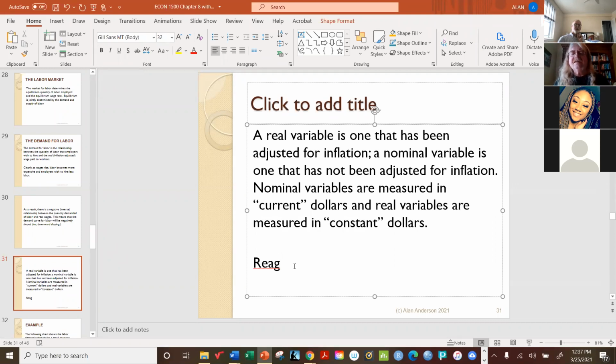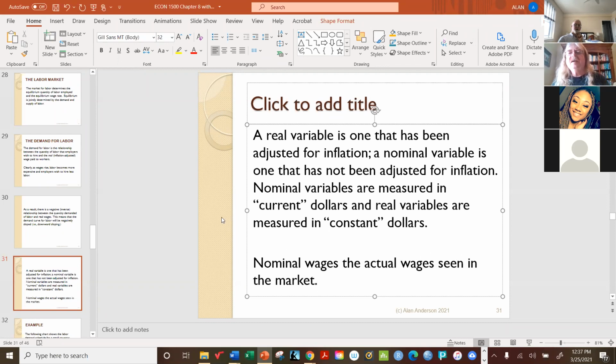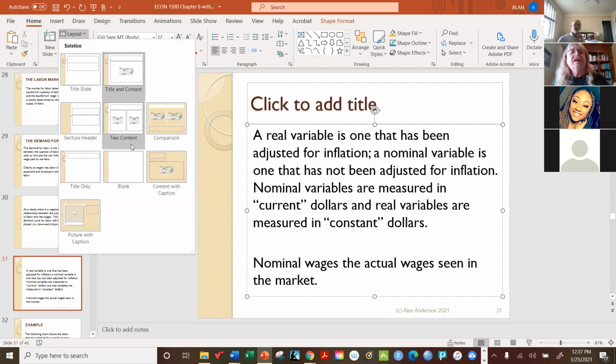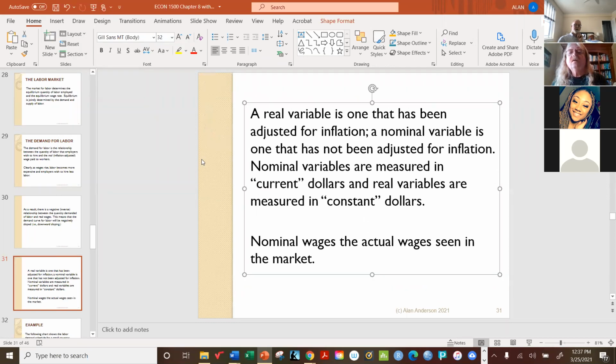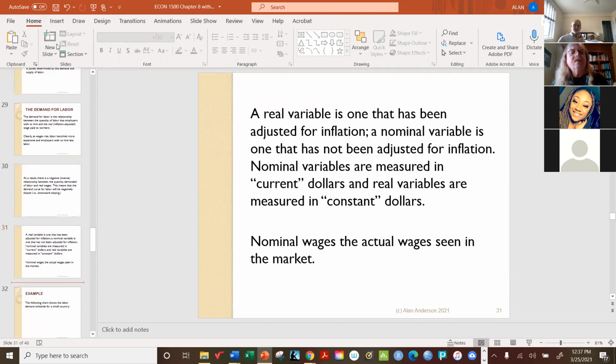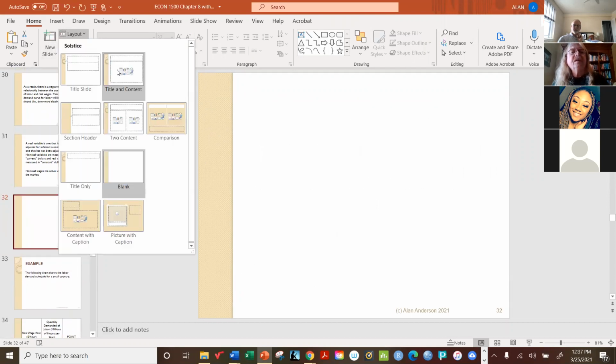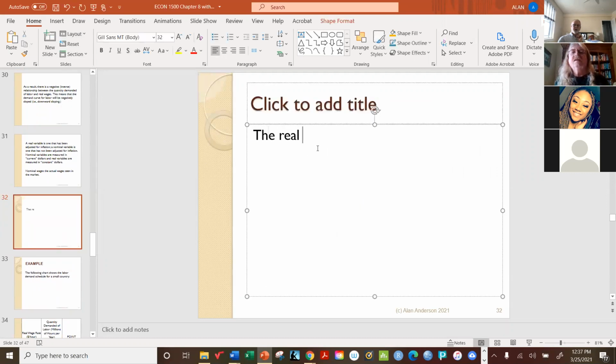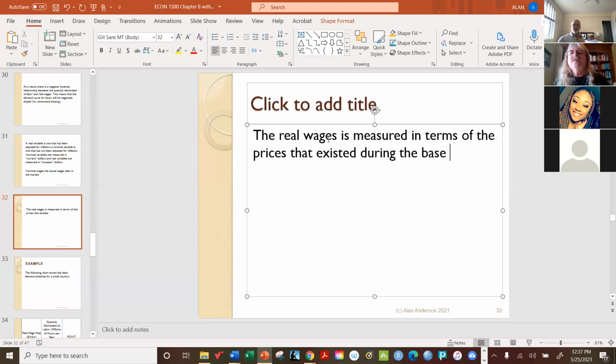In a case like this, nominal wages are the actual wages seen in the market. So in other words, if you're being paid $20 an hour, that's a nominal wage. How do you convert that into a real wage? Well, we have to define what would be, let's say, a base year. The real wage is measured in terms of prices that existed during the base year.